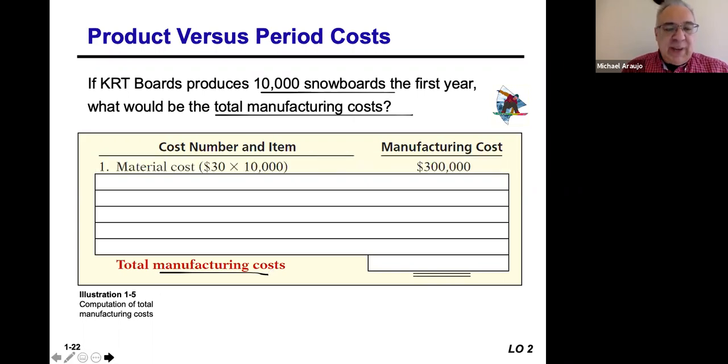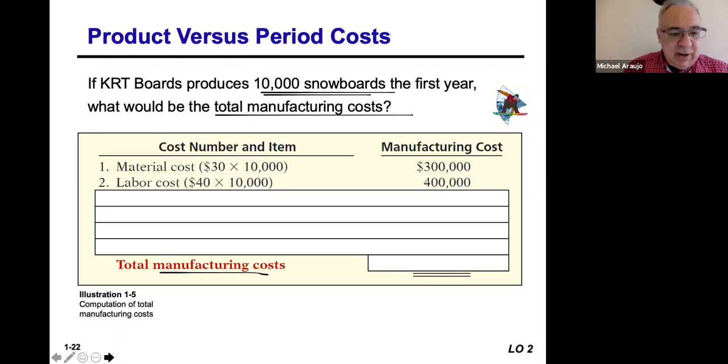First, we had material costs, $30 a board. We're going to be making 10,000 boards, so we need $300,000 just for the materials. We have labor, 40 bucks a board, 10,000 boards, $400,000 of manufacturing costs just for labor.